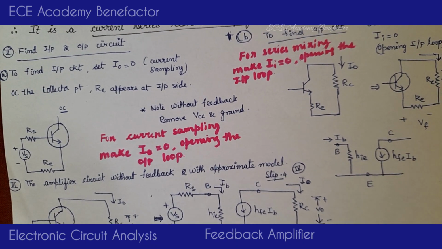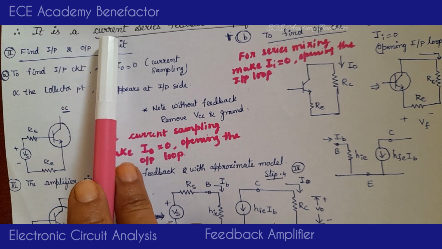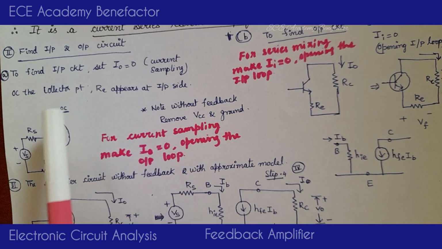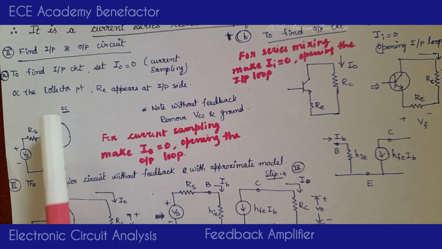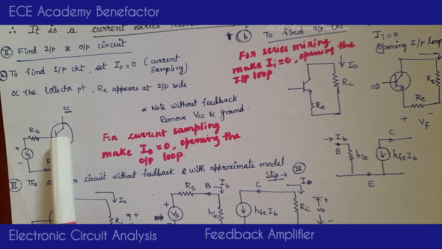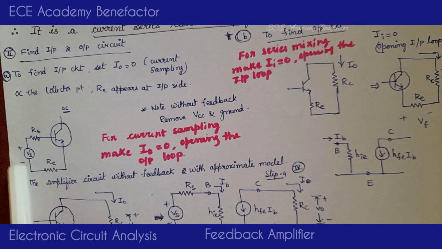So for the input circuit, as it is current sampling, set I0 to 0. Here make the collector point open circuit and remove the ground point. The resistor Re is connected like this. So this is the input circuit.